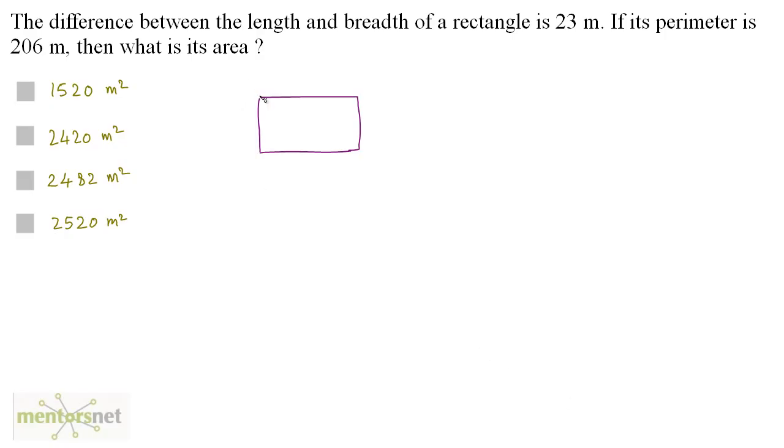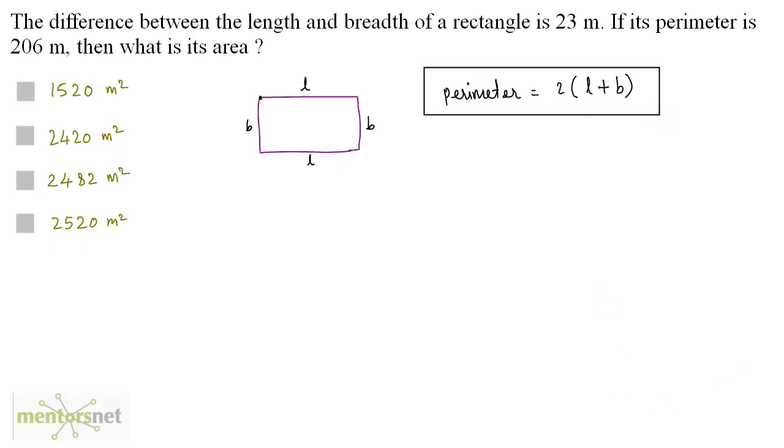So you start from this corner and you encircle the rectangle along its sides, coming back to the original point, and the distance traveled will be the perimeter. So in other words, perimeter is length plus breadth plus length plus breadth. So that is equal to twice of length plus breadth. So this is a formula to be remembered, and a very important formula.